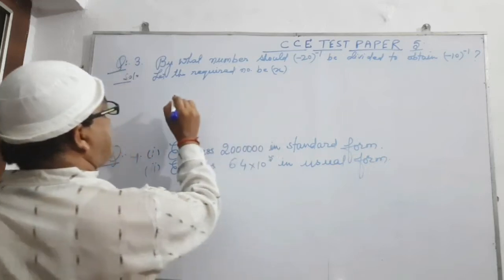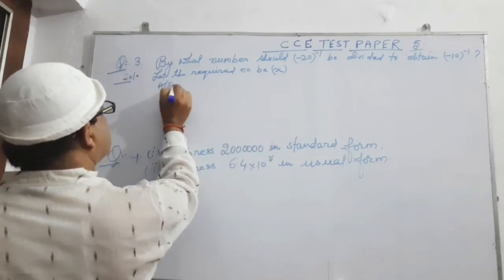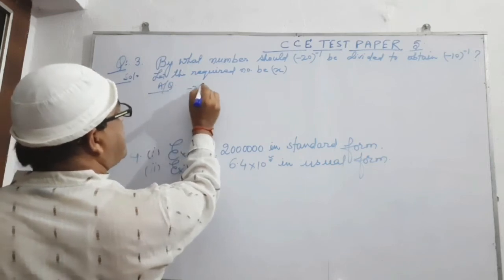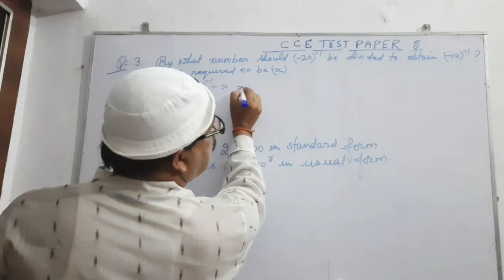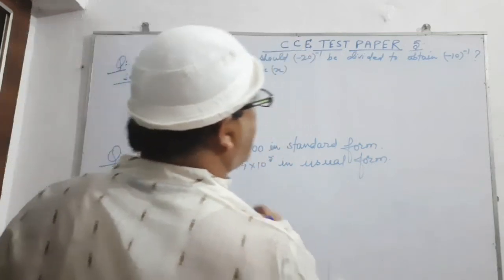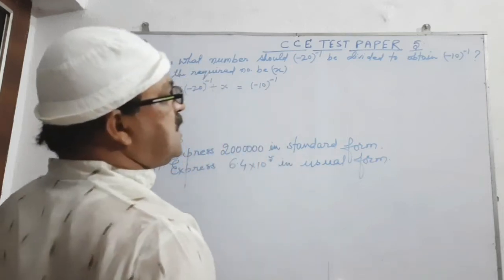According to the question, minus 20 to the power minus 1 divided by x gives minus 10 to the power minus 1. This is the question.